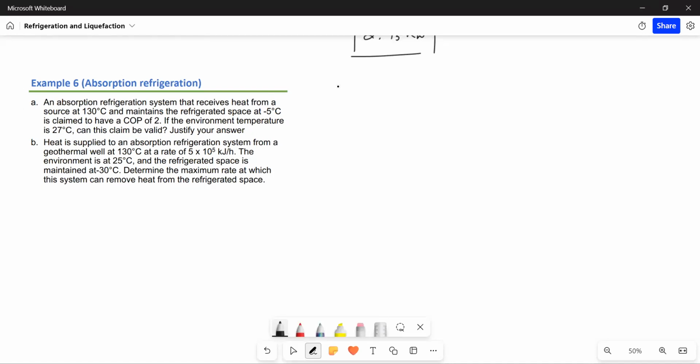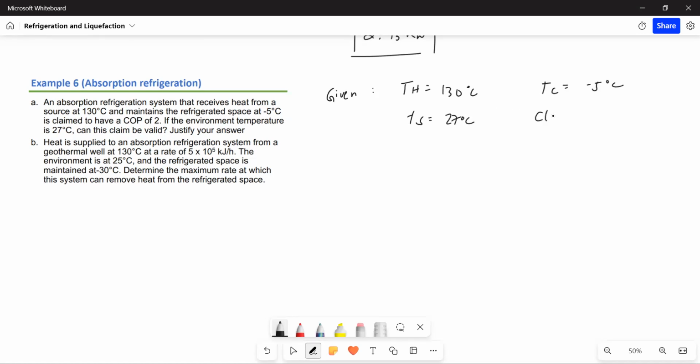Given, we are given the temperatures: TH is 130 degrees Celsius, TC is -5 degrees Celsius, and TS is 27 degrees Celsius.